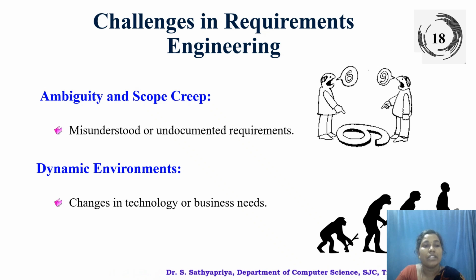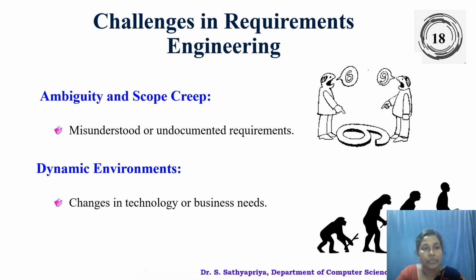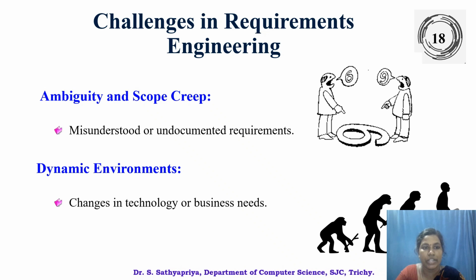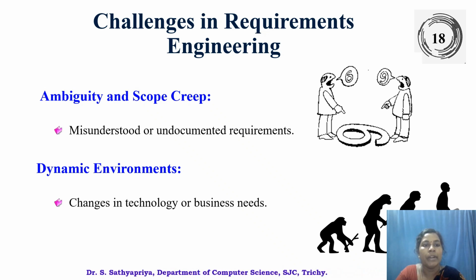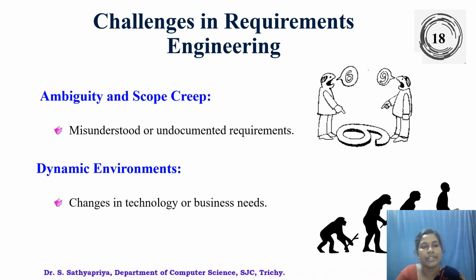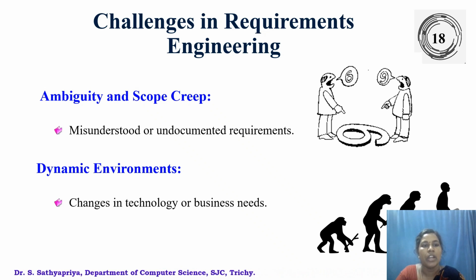Different stakeholders involved, like customers, restaurant owners, and delivery personnel, might not effectively communicate their needs, leading to gaps in understanding. Finally, technical feasibility issues. Sometimes what stakeholders want is not technically or financially feasible. For example, implementing instant delivery for long distance orders might not be realistic. Addressing these challenges requires clear communication, proper documentation, and regular validation to ensure everyone is aligned.